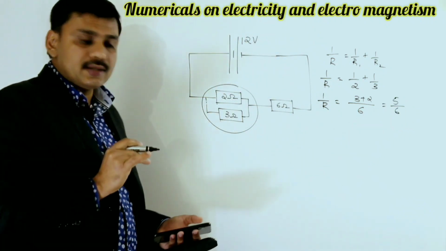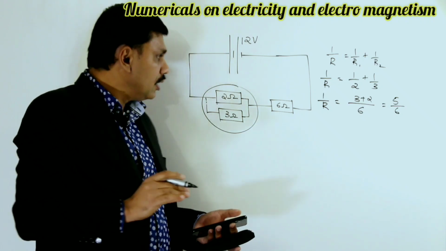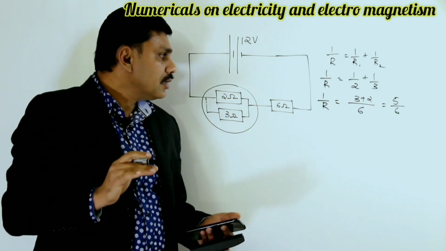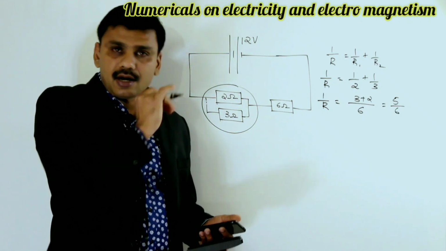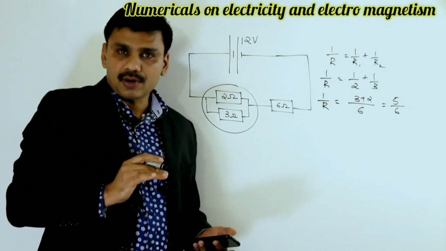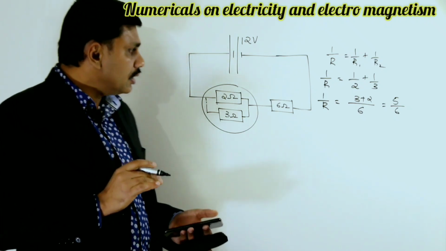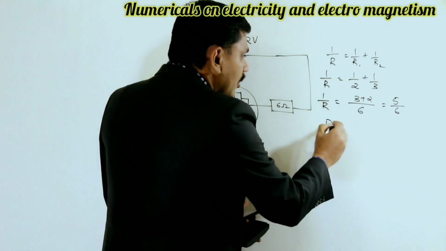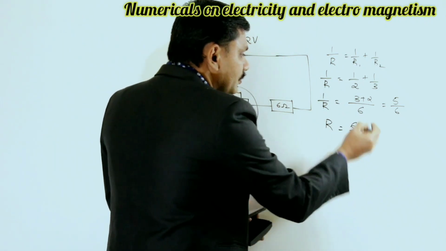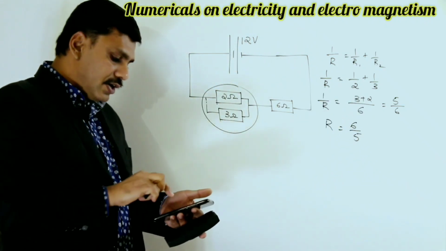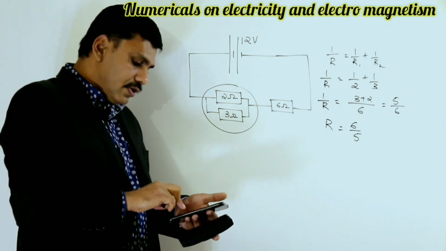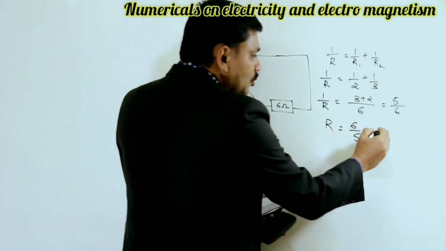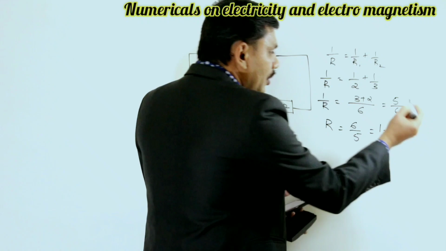Most of the learners will make mistakes when they calculate R. They will not take the reciprocal. So here the reciprocal is R equal to 6 by 5, 6 divided by 5. It is 1.2 ohm.